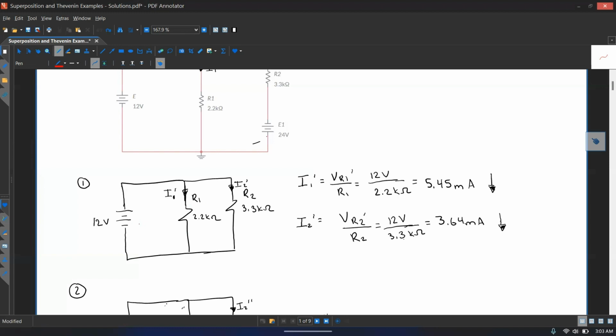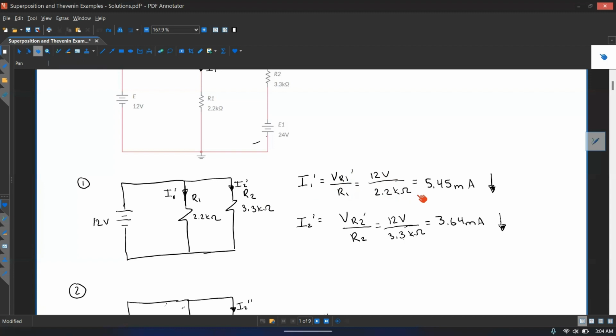All right, so in this case right here, like I said before, all we have to do is just do a simple Ohm's law. So I1 prime is equal to VR1 prime divided by R1, which is 12 volts divided by 2.2 kilo ohms.